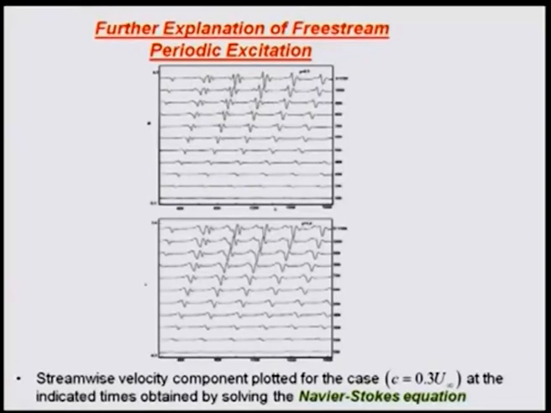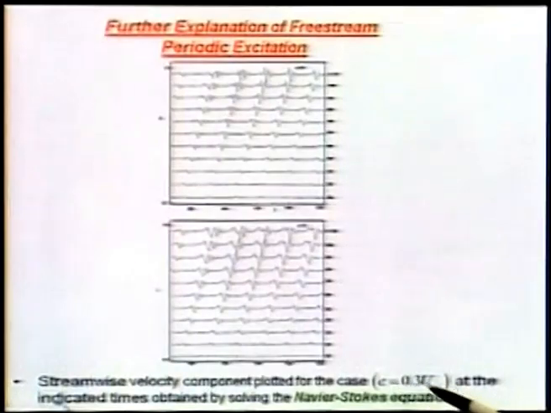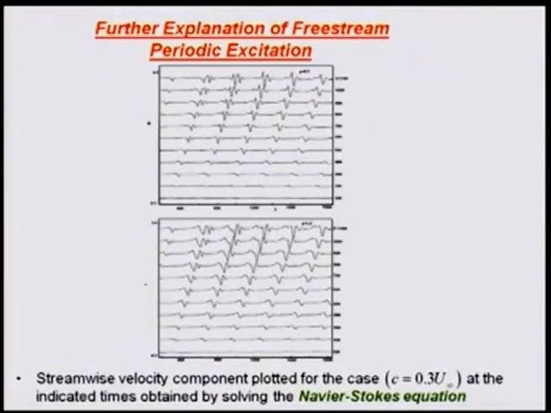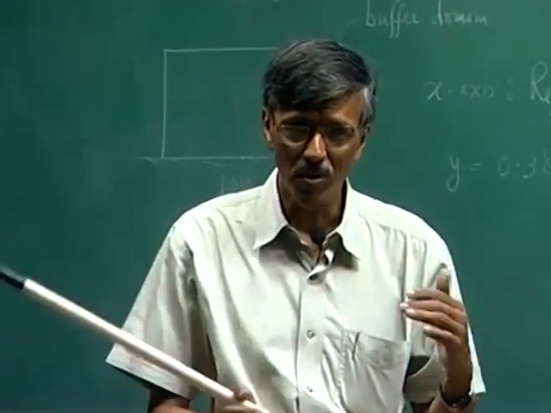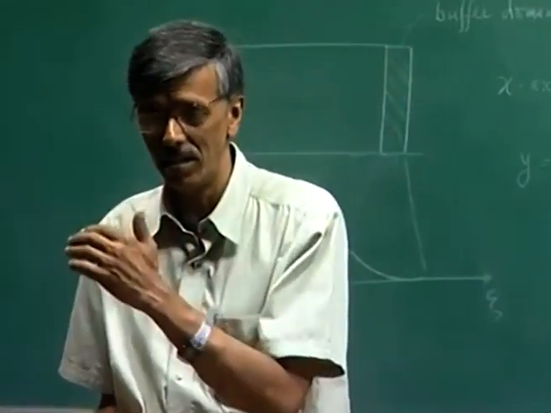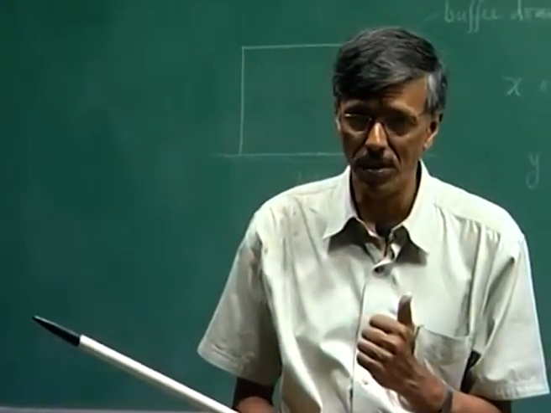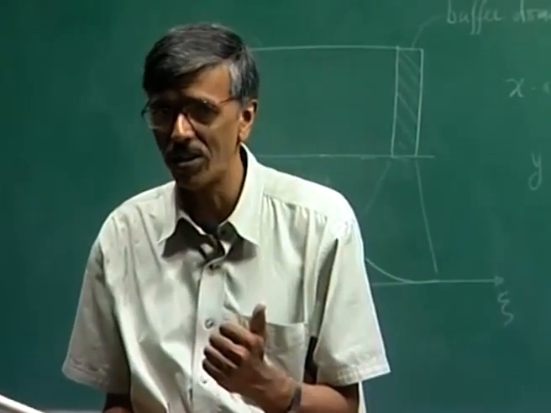Now, this is a case where we are looking at some free stream periodic excitation, but this is that bypass mode, where the speed of propagation is not u infinity, but 0.3. And if you recall, I drew that neutral curve. C equal to 0.3 would be the case where the disturbance will enter inside the neutral curve and stay for a long time.